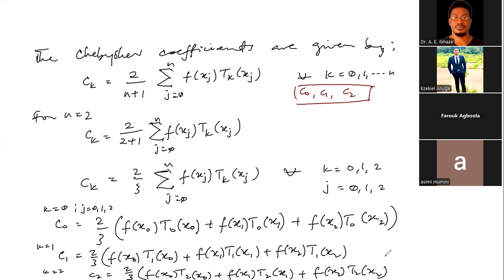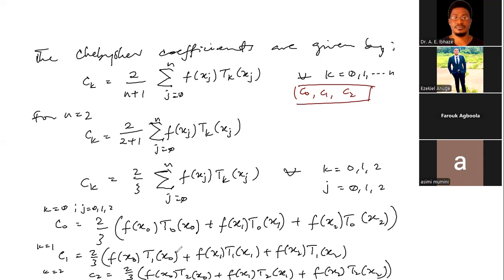Then C2 of s0 plus f of s1, T2 of s1 plus f of s2, T2 of s2. So with this, we've been able to develop the relationship to evaluate these functions. We already have our function given, and then we have the Chebyshev polynomial. Now we want to figure out how to plug these things in.